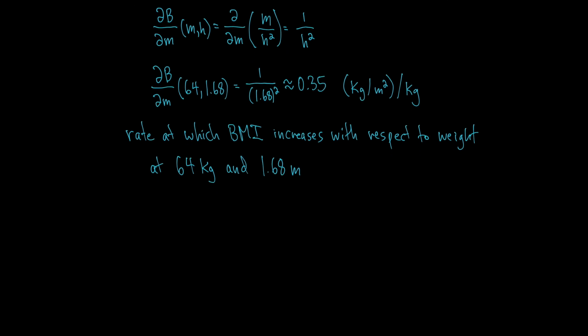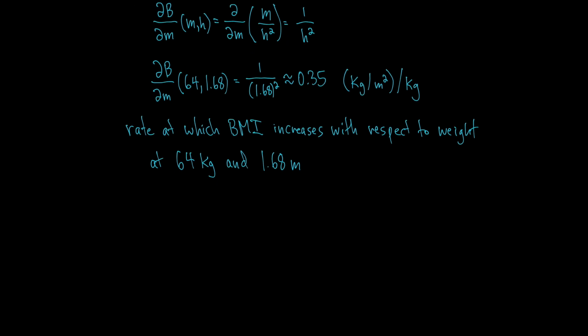And we do pretty much the same thing to get the partial with respect to height, so let's do that now. So dB/dh, I'll call it, is the partial with respect to h of m over h squared. And notice now we just have 1 over h squared. m is constant. This is like 2 over x squared, for example.